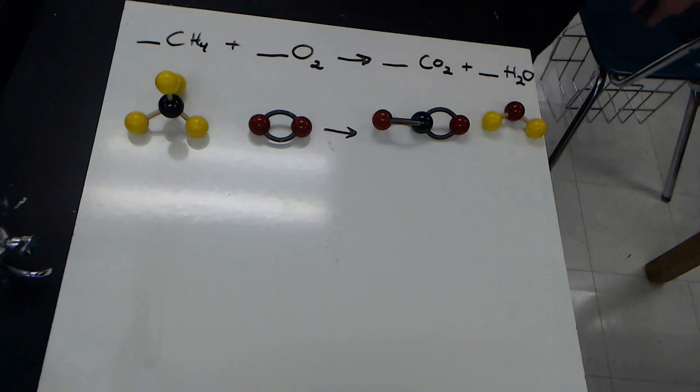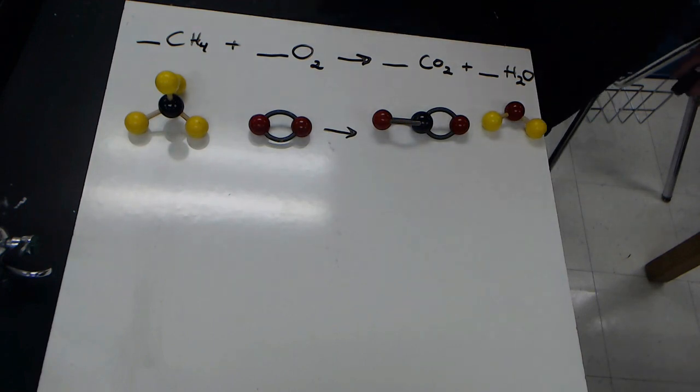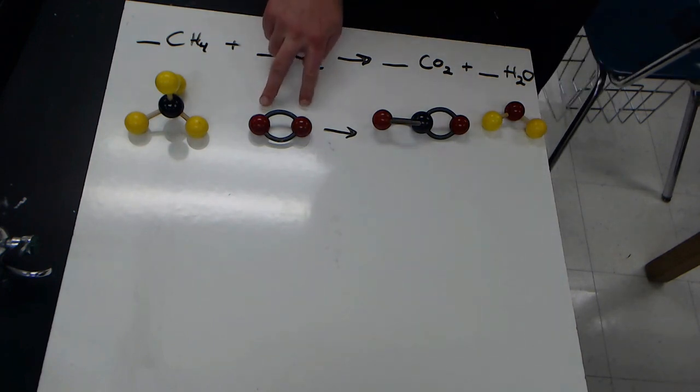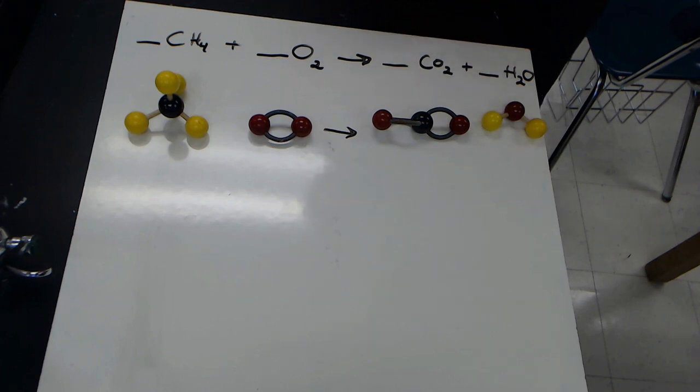As I said earlier, I have 2 issues with this. The first is that I start with 2 oxygens and I end with 3. And the second is that I start with 4 hydrogens, the yellow ones, and I only end with 2, which means I destroyed matter, which is not possible. Matter cannot be created or destroyed. So how do we fix this problem?